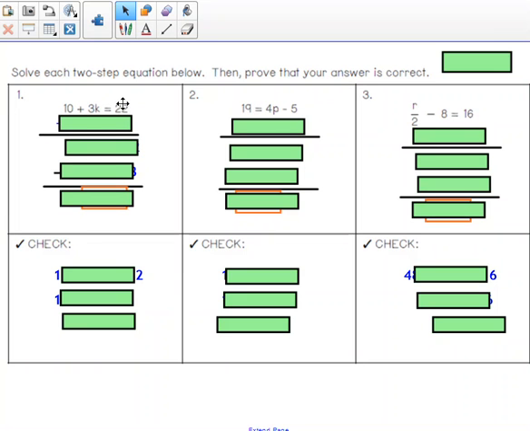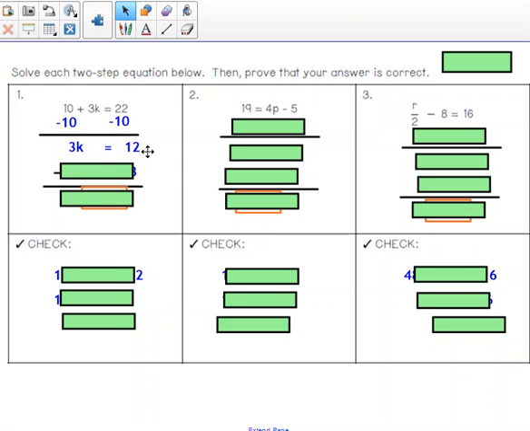So if I look up here first, we want to first get rid of the addition or the subtraction. Right now we're adding 10 to our variable quantity. So we want to subtract 10 from both sides. We want to get rid of that. And if we do that, that leaves us 3k on the left, and it leaves us 12 on the right.